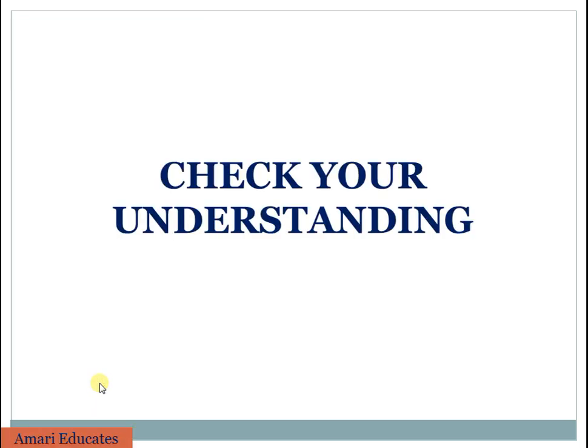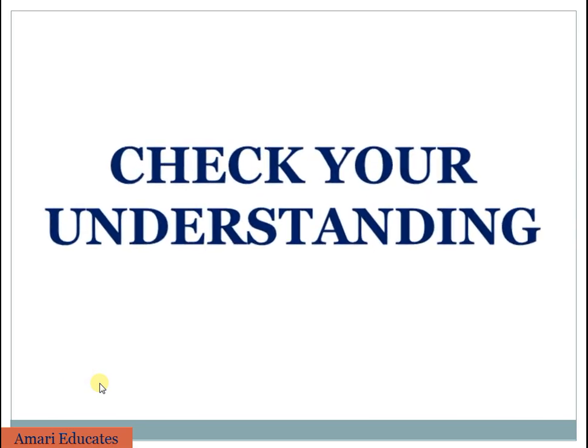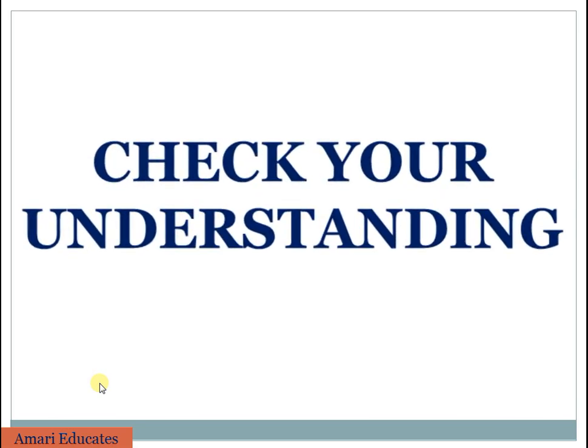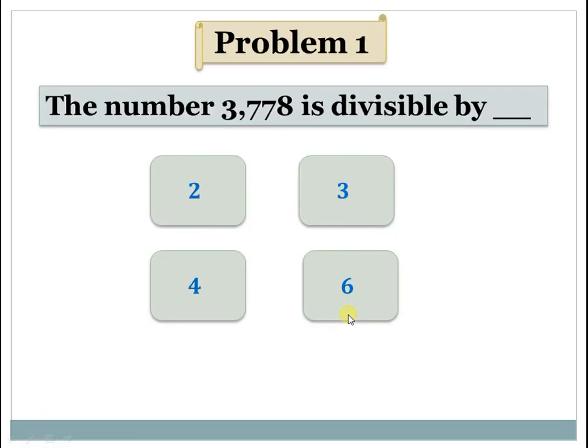This time, we're going to check if you understood the lesson. So there are some problems that I want you to try. You may pause the video if you want to while trying the problems. Okay? Let's start with problem number 1. The number 3778 is divisible by... Let's start the time.